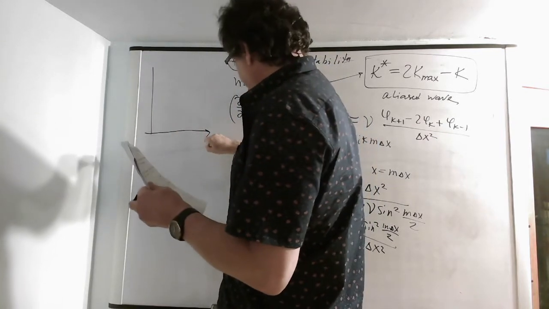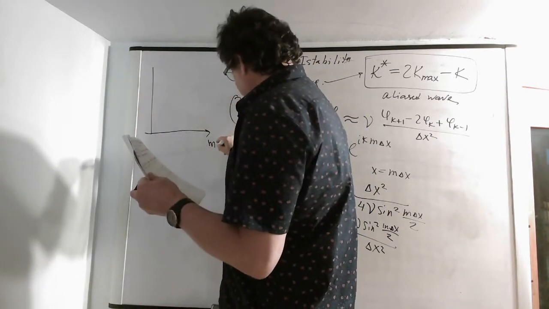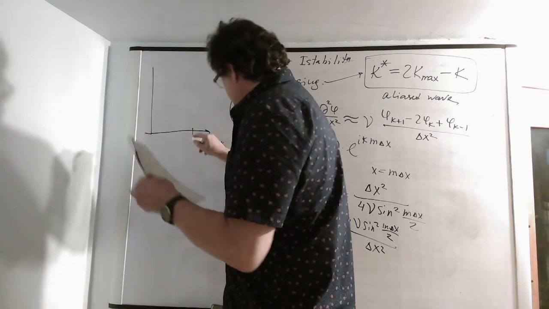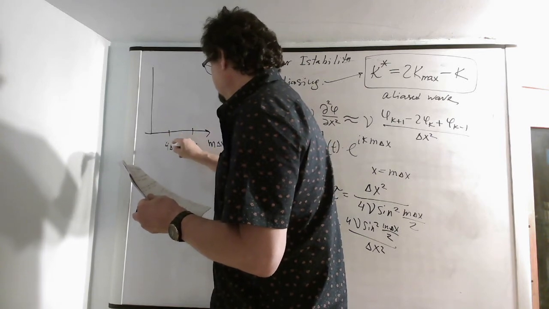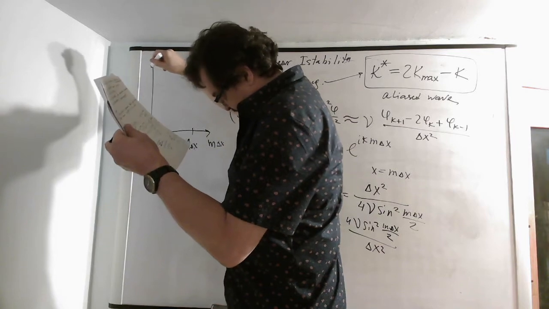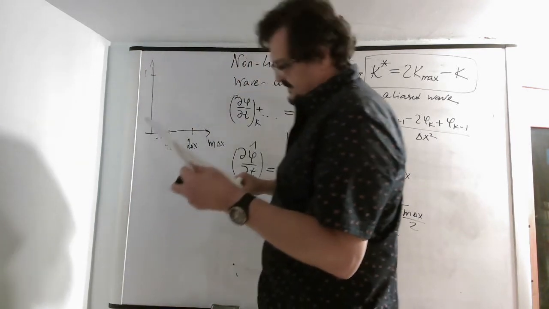So here we have m delta x. We have here 2 delta x waves. Here we have 4 delta x waves, and so on. And here we have our amplitude, so 1, this dimensionless amplitude.